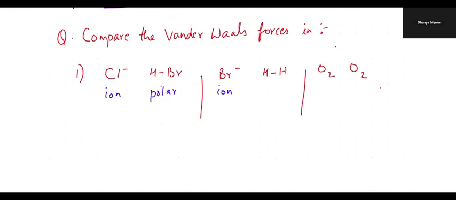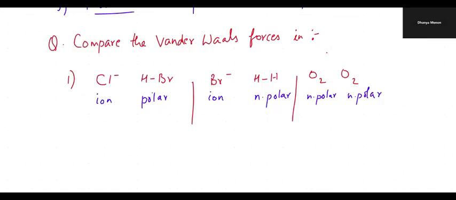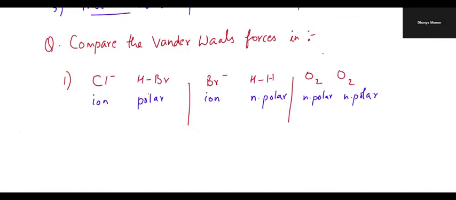Hydrogen molecule is non-polar. Oxygen is non-polar. So, the interaction between ion and a polar molecule, we know that it is stronger than ion and a non-polar molecule.